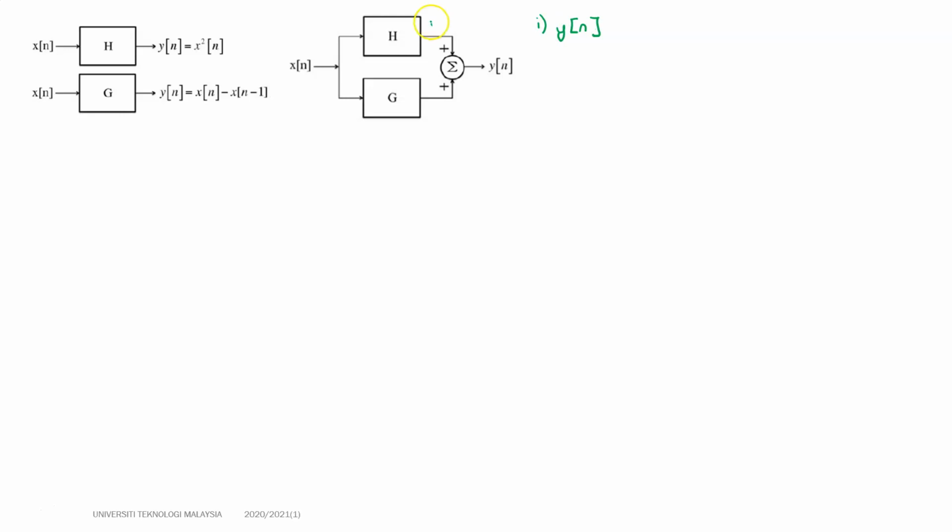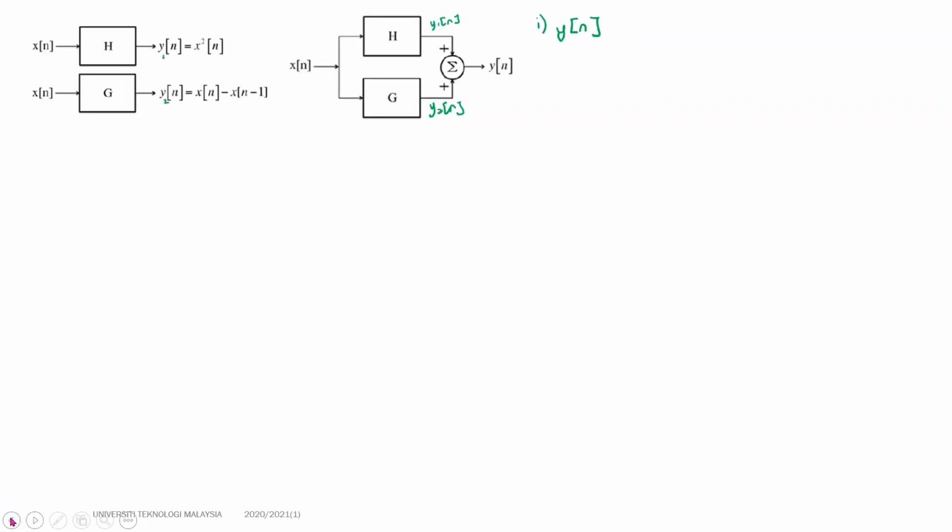Let's say this is Y1n, which is x squared n, and also the output from G, which is Y2n. So we put it as Y2. Y1n here is equivalent to x squared n.